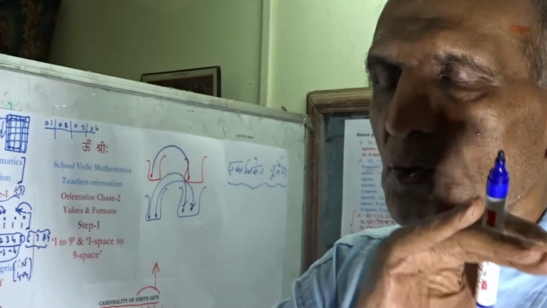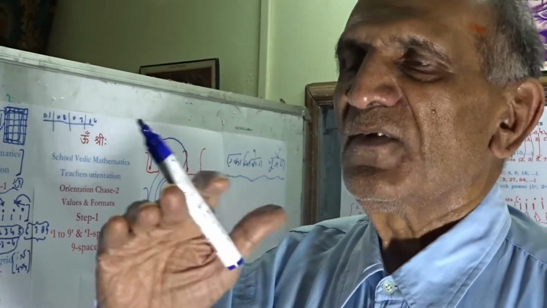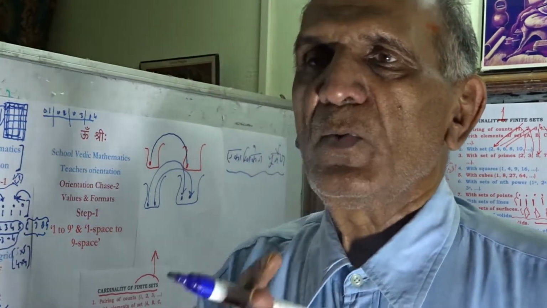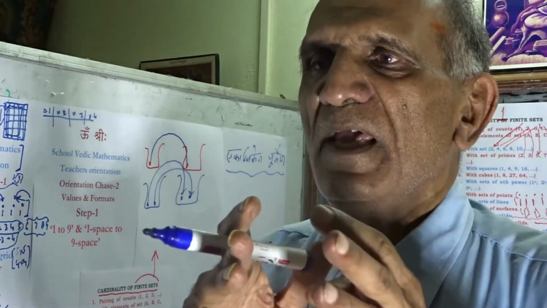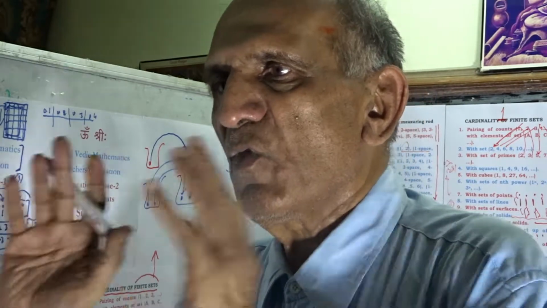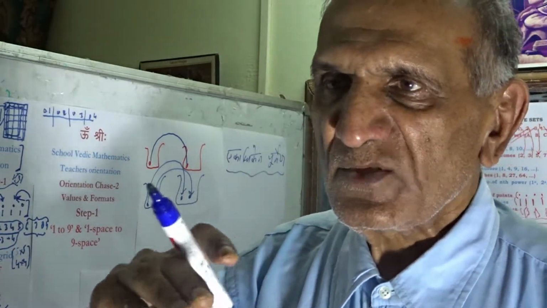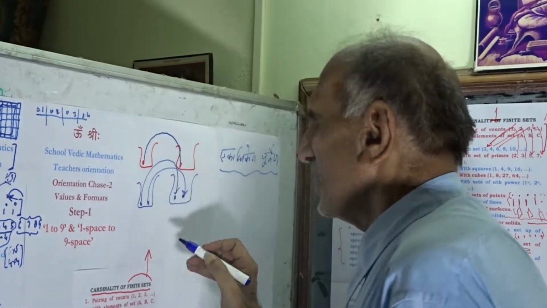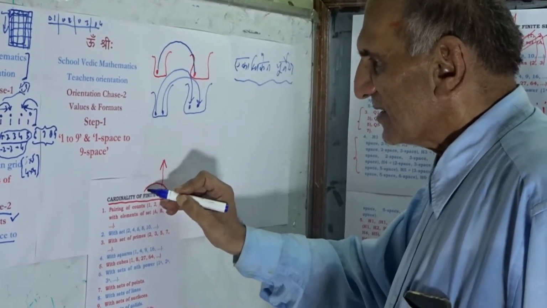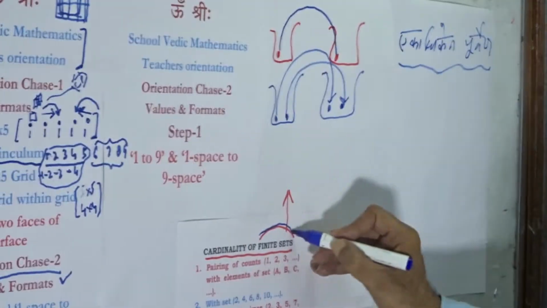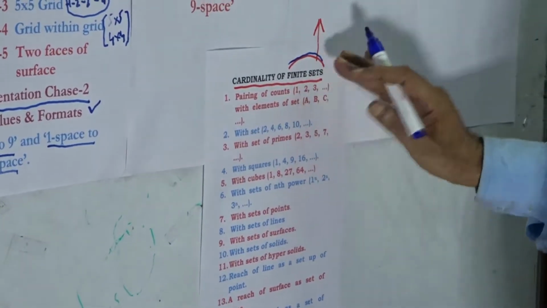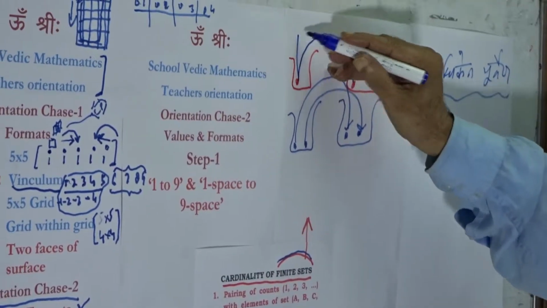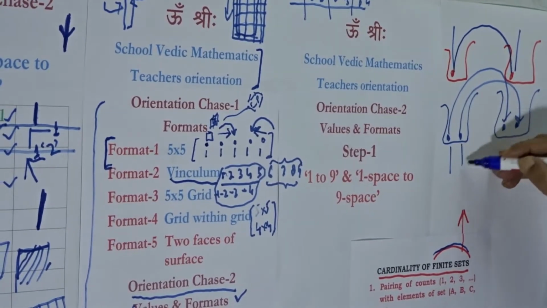So we can introduce to the child that we are taking only finite sets. We are taking only the steps up to which we can walk. Therefore, in this way, we have to introduce the concept of a finite set. And once a finite set is introduced, then we have to introduce a pair of sets: one step here and one step here, two steps here and two steps here.